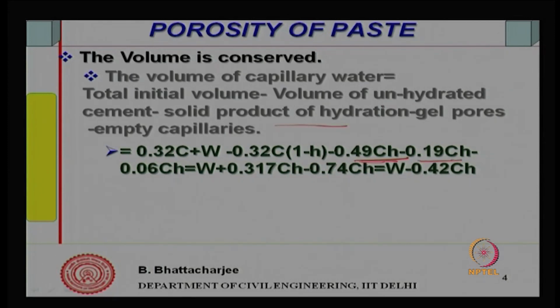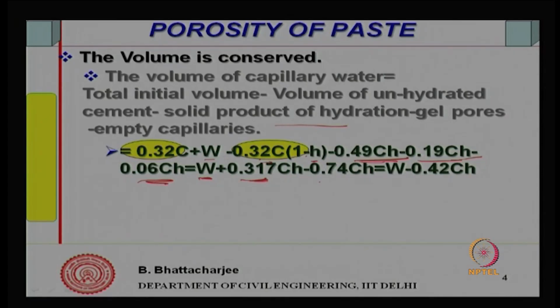Gel pore is 0.19 CH, and this is empty capillaries. In this, 0.32 C and 0.32 C into 1 will cancel out because there is a minus sign, so you will be left with the rest of the things.